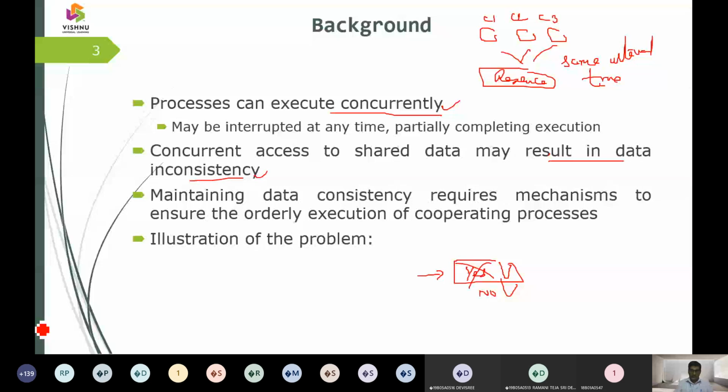And the second thing is the order of execution of the cooperating processes. Which process has to be executed first and which next has to be ordered, so the ordering cycle has to be done. How is the ordering done? It can be done using the concept of graphs or trees.